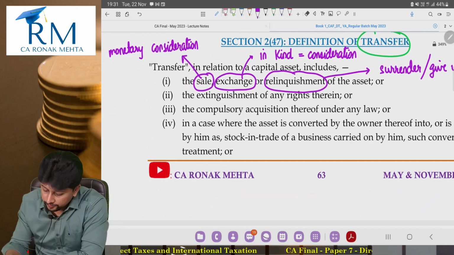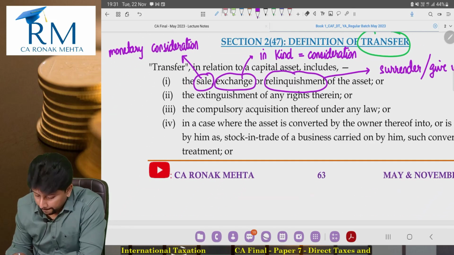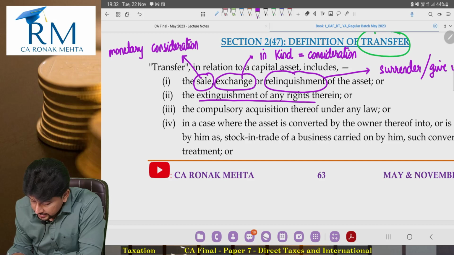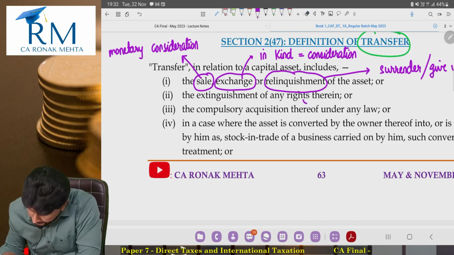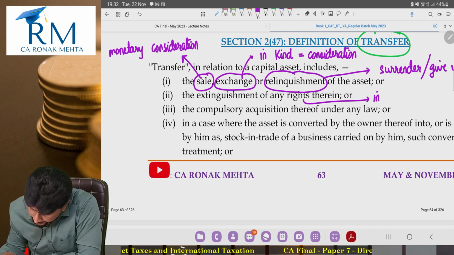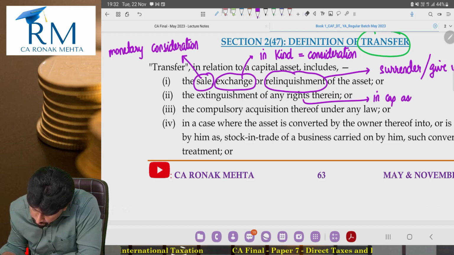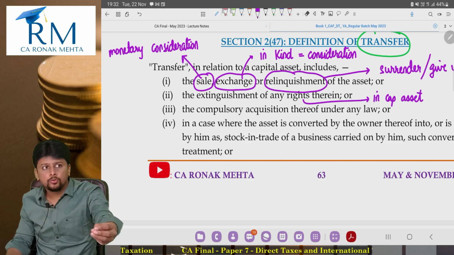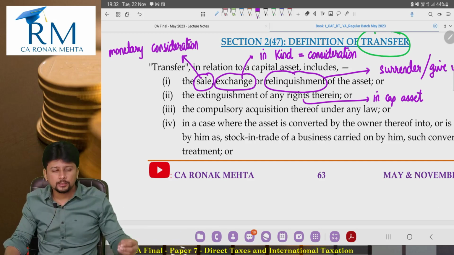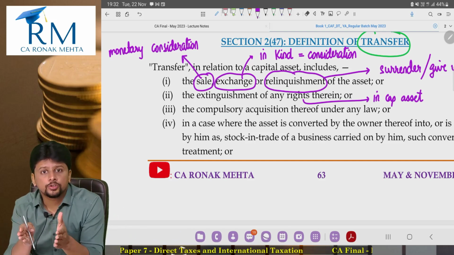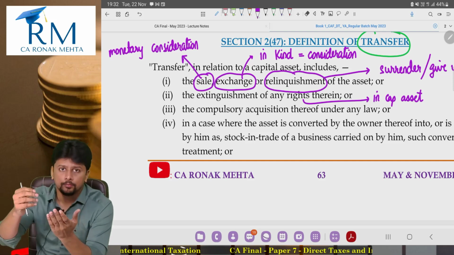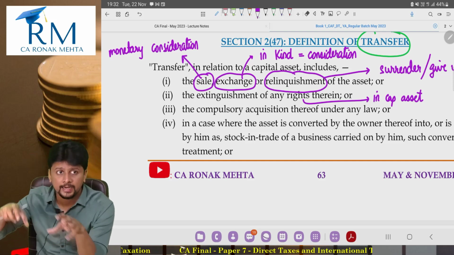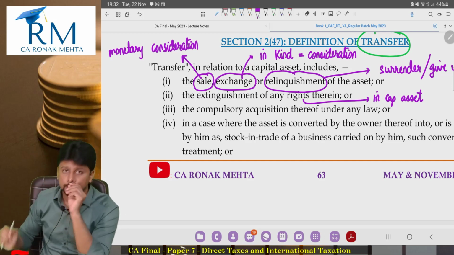Extinguishment of any rights therein. Rights therein means rights where? Rights in the capital asset. So, say you and your brother and your sister, you are the joint owners of a property, and you give up your right in that flat, in that property in favor of your sister.